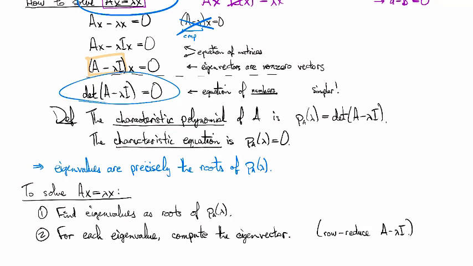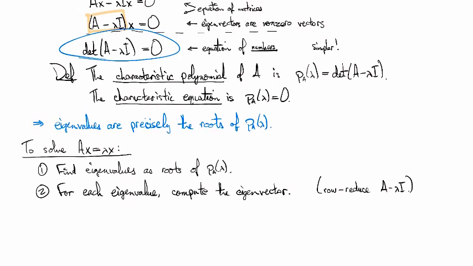Because at this point we're back to solving this one right here. Once you know what lambda is, you just have matrix times x equals 0. So you row reduce the augmented system, but it's homogeneous, so forget that column of zeros. You're just row reducing A minus lambda I.